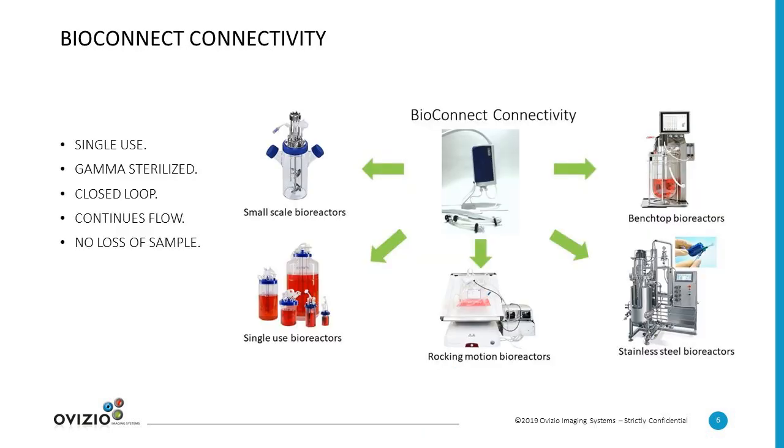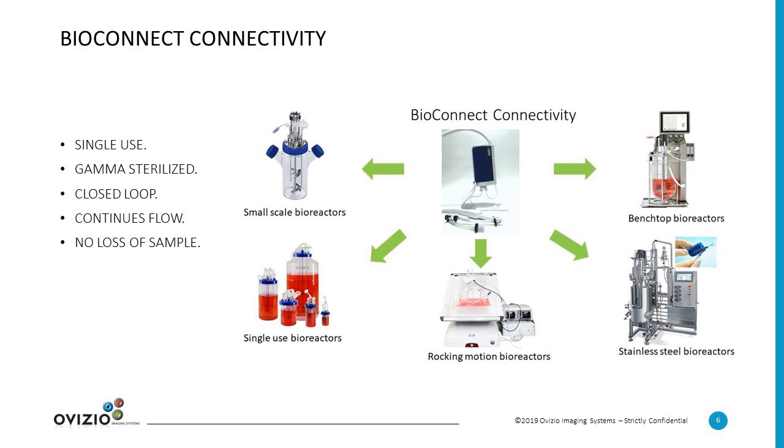The Inline F comes with the BioConnect. The BioConnect is a single-use probe that takes care of the connection of your cell culture vessel with the microscope, and it guides the cells through a closed serial loop to the microscope where the images are taken, and then it goes back into the bag or into the cell culture vessel.